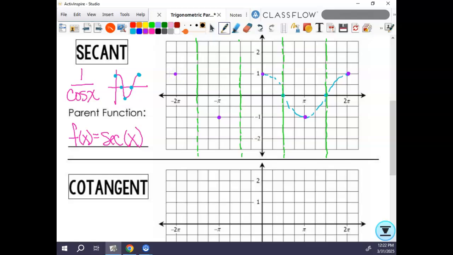And then we just take cosine, turn it inside out, just like we did sine. And just like sine and cosine look the same, just shift it over. Secant and cosecant are going to have very much the same look, just shift it over. There is your secant function.